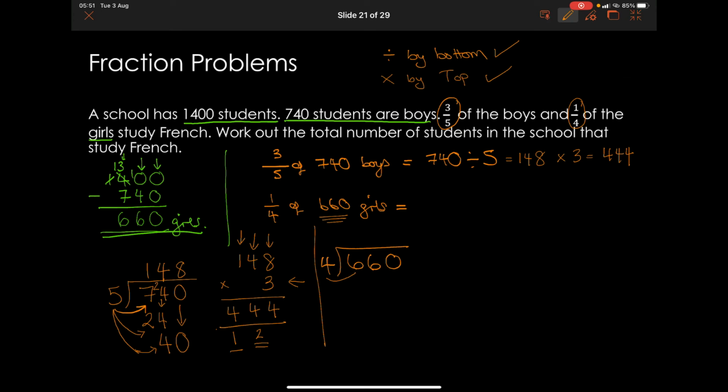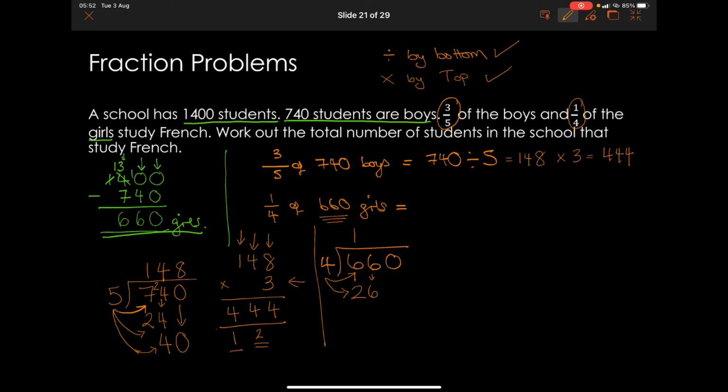So how many 4s go into 6? That's 1 with a remainder of 2. Okay, because 4 up to 6 is 4 with a remainder of 2 gives you 6. We then bring down our next number. Let's put 6 there. Okay, and we say how many 4s go into 26.